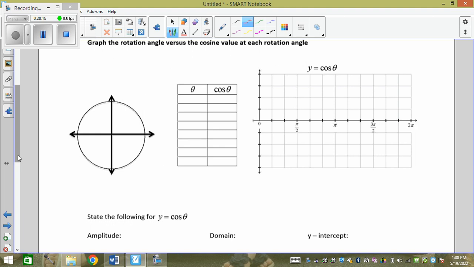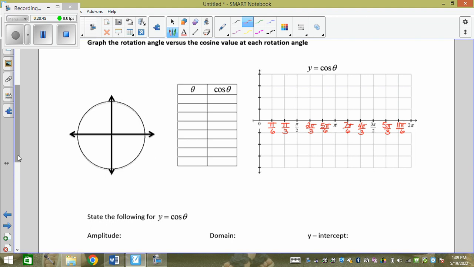So this would be 0, and then 1 pi over 6, then 2 pi over 6, which is pi over 3, then 3 pi over 6, which is pi over 2, then 4 pi over 6, which is 2 pi over 3, then 5 pi over 6, then 6 pi over 6, which is pi, 7 pi over 6, 8 pi over 6, which is 4 pi over 3, 9 pi over 6, 10 pi over 6, which is 5 pi over 3, 11 pi over 6, and then 12 pi over 6.